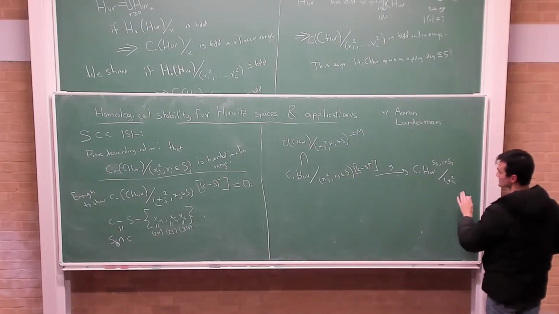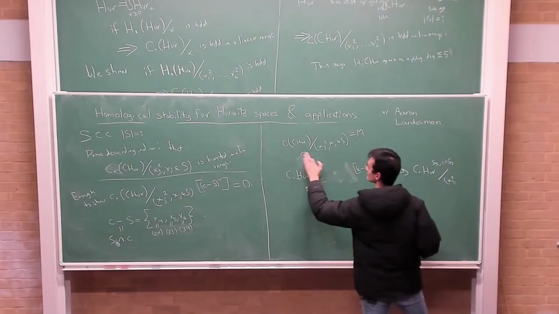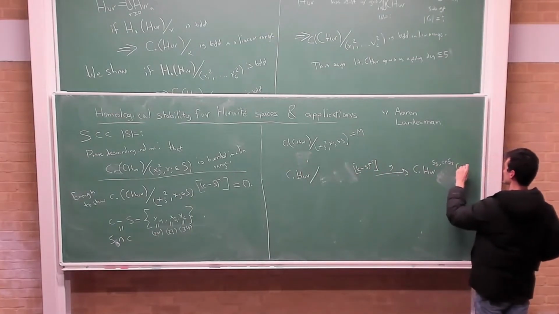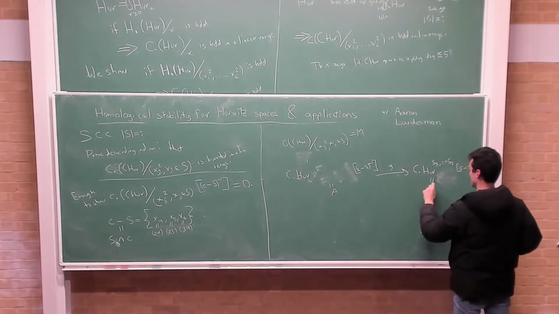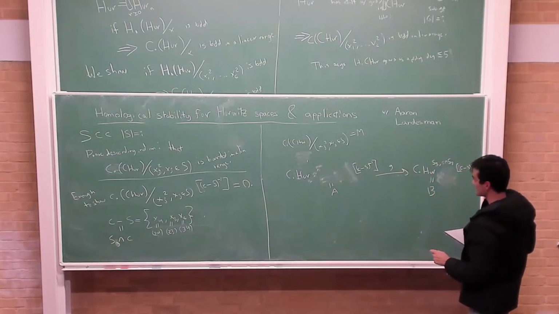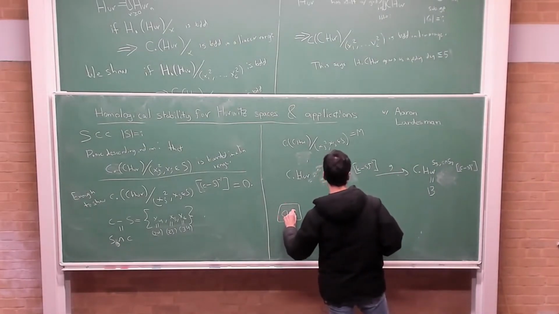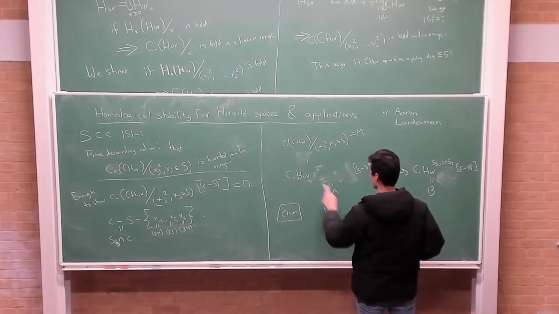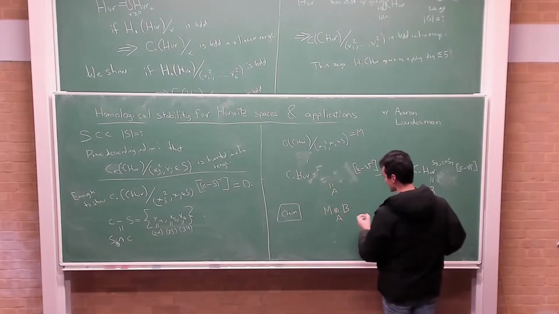Let me just remove this for a moment. Let's give these names. Let's call this A, and let's call this B. And so one claim is that if you take M and you tensor it along this map, then nothing actually happens.